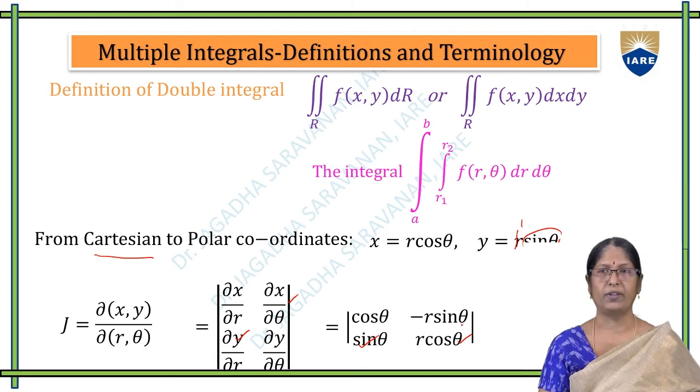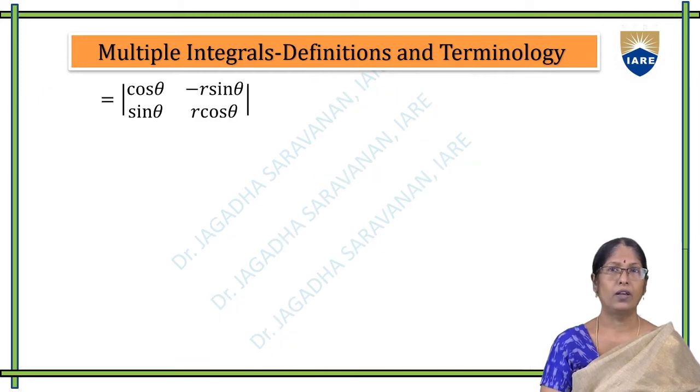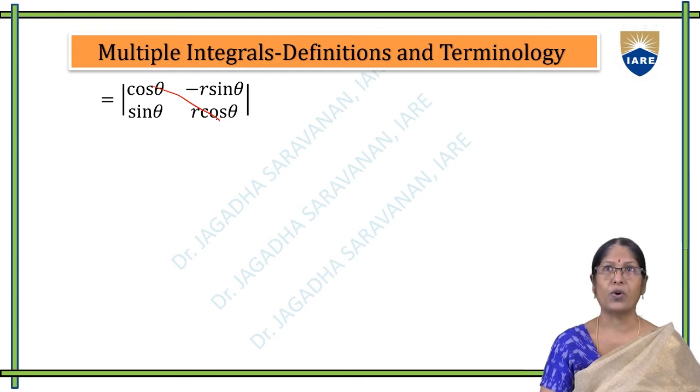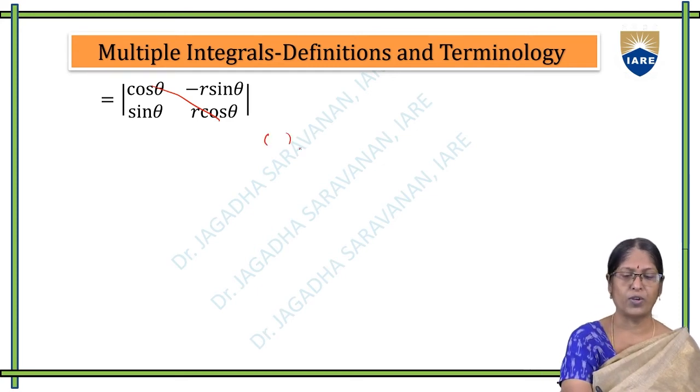Now we have to do the determinant. So now we have to do the cross multiplication. What is the result we are going to get? Minus of this cross.